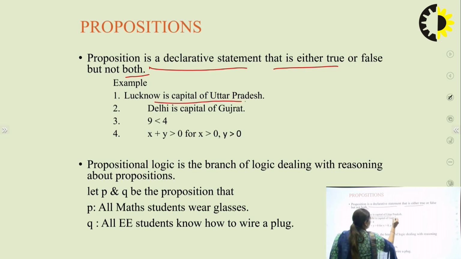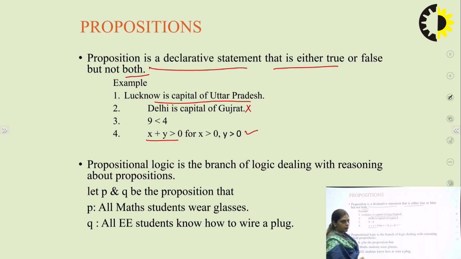Lucknow is the capital of Uttar Pradesh. We know it is a true statement, so it is true. Delhi is the capital of Gujarat. It is a false statement. 9 is less than 4, false. x plus y is greater than 0: for x greater than 0 and y greater than 0, it is a true statement. Such cases are not possible here.